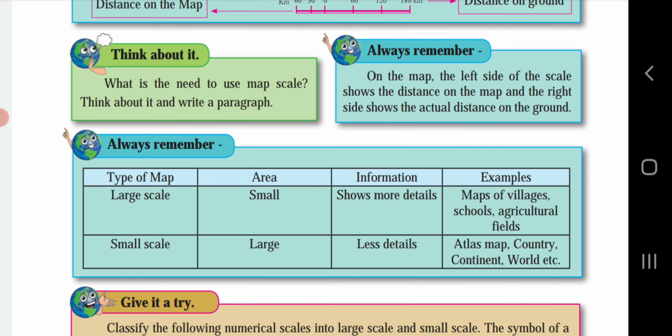This is achieved by using a suitable scale, wherein the actual distances are multiplied by a fixed factor, such that every feature of the selected area or region is plotted at the right location. The scale is selected appropriately depending upon the extent of the region to be depicted in the map. So in this way, the map scale is important to use to draw any map.